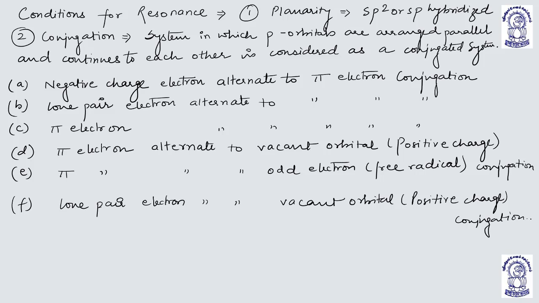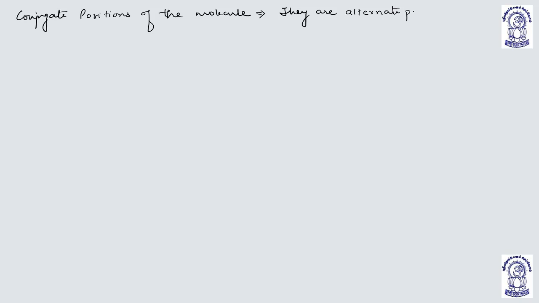Now, the conjugate positions of the molecule are the alternate positions, like 1, 3, 5.